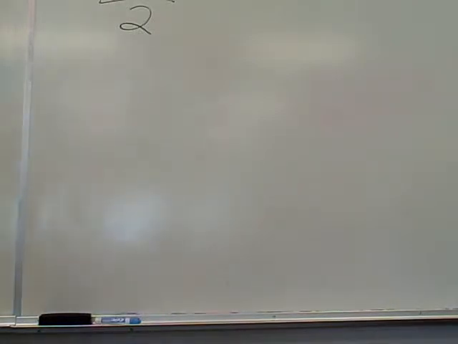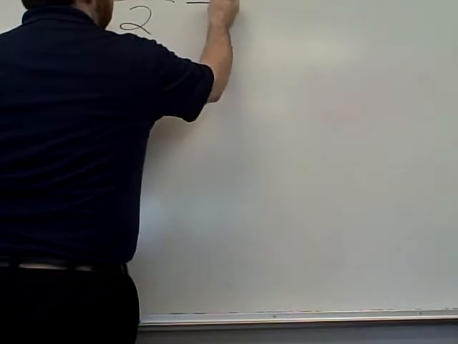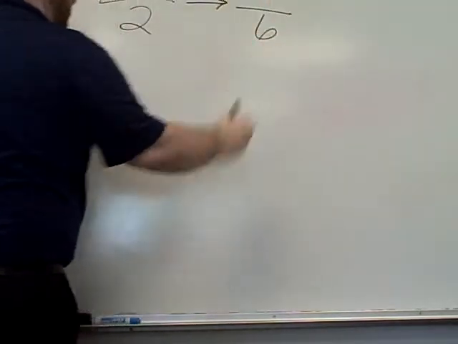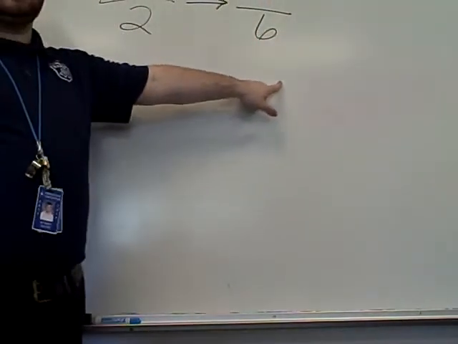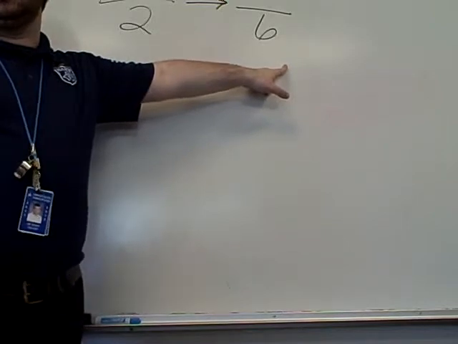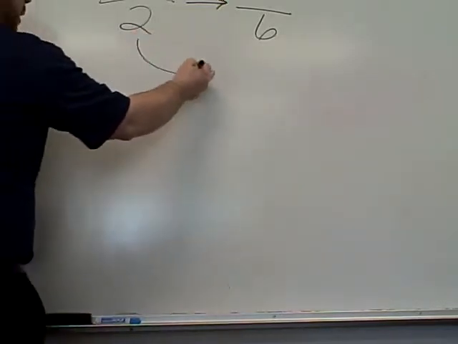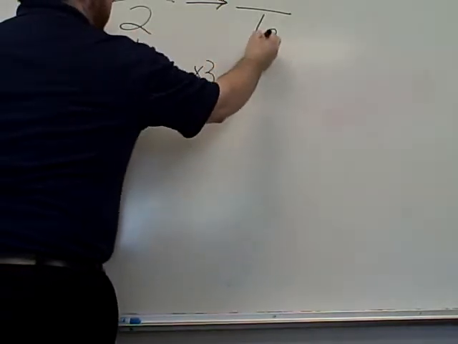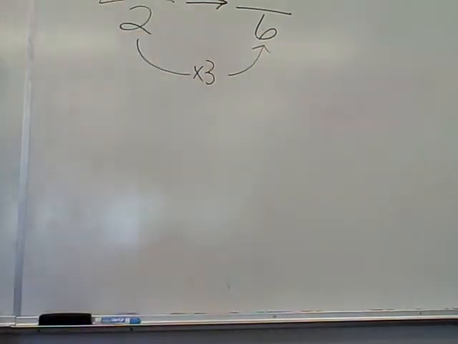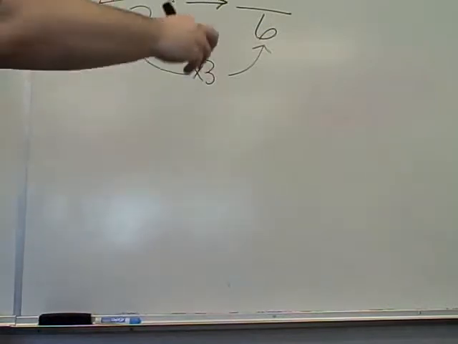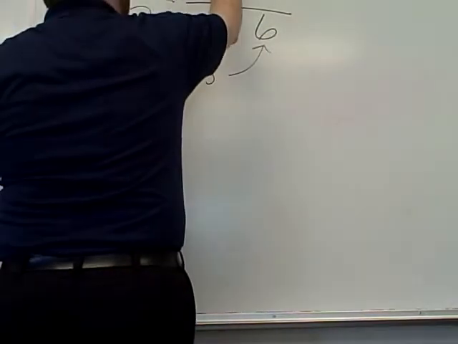They want 6. Alright, how did I get from 2 to 6? I multiplied by 3. So if I multiplied by 3 on the bottom, I have to do what to the top? Multiply by 3 again.